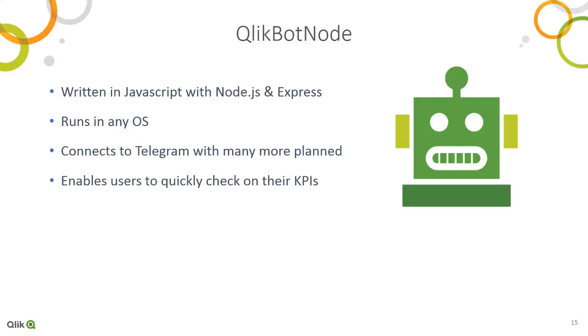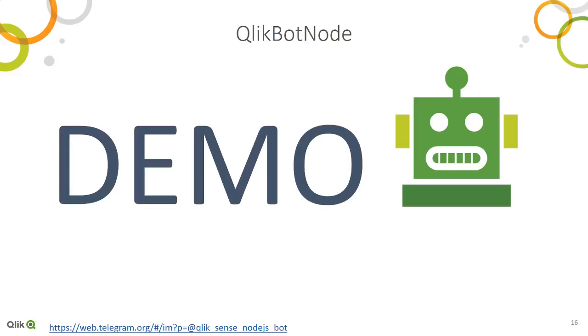For now, it connects to Telegram, but there are more channels coming up. It enables users to quickly check on their KPIs. In my demo, I have 3 apps that I connect to: CIO dashboard, Salesforce, and help desk. And there I have a list of commands. So if you want to go on to the demo, Todd.